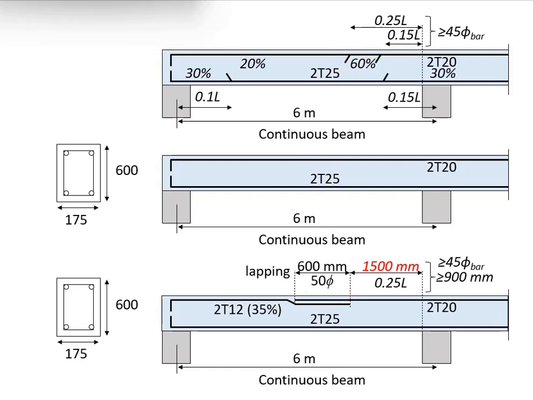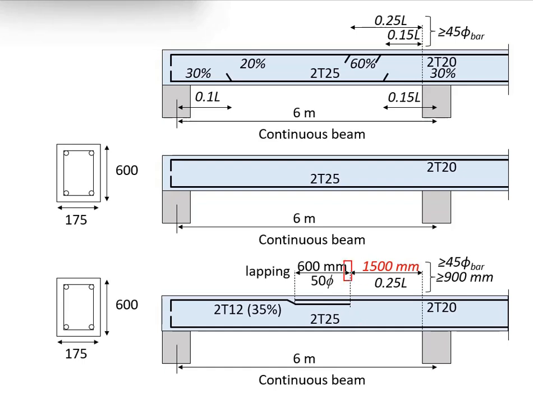Then you need to know a very important principle here. Among these two reinforcement bars, which one is more critical? 2T20 is more critical. Now in the lapping region here, where do you think it is likely to generate the full stress of the reinforcement? It will be at the end of the anchorage leg.